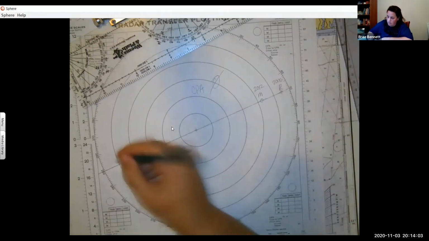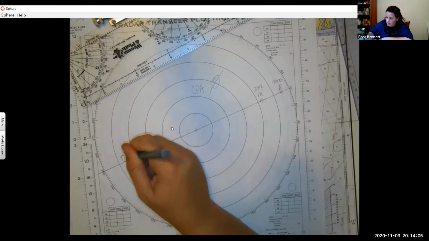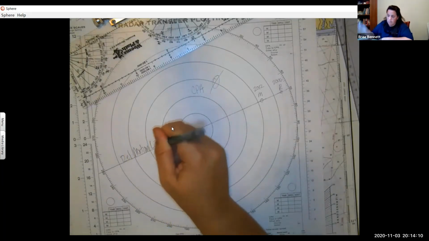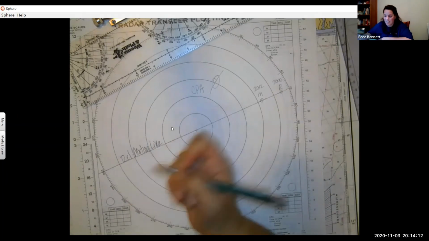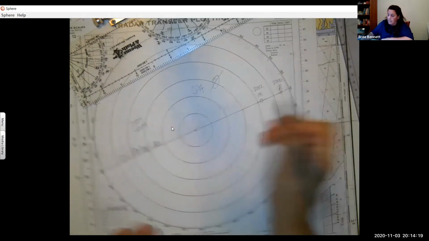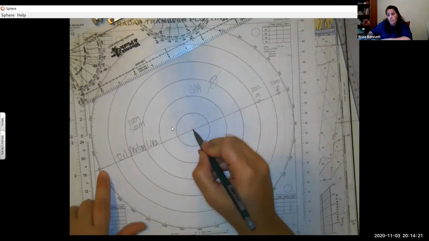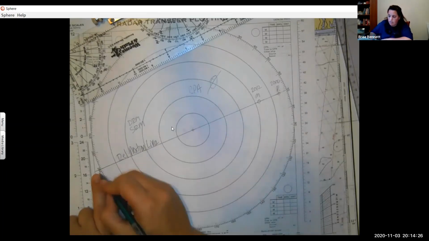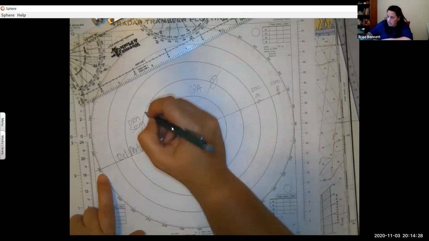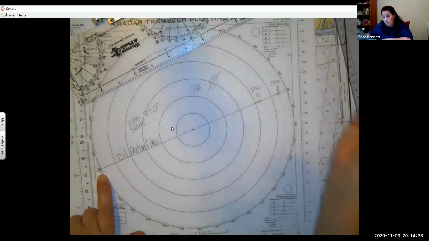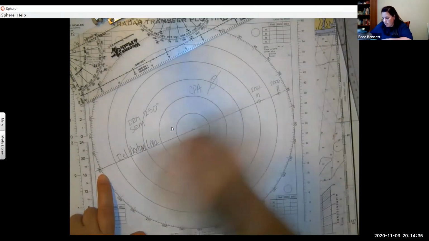My relative motion line, direction, DRM and SRM. Since it already goes through the center, I don't have to parallel that. I can read it all the way there to get my direction of relative motion is 250.